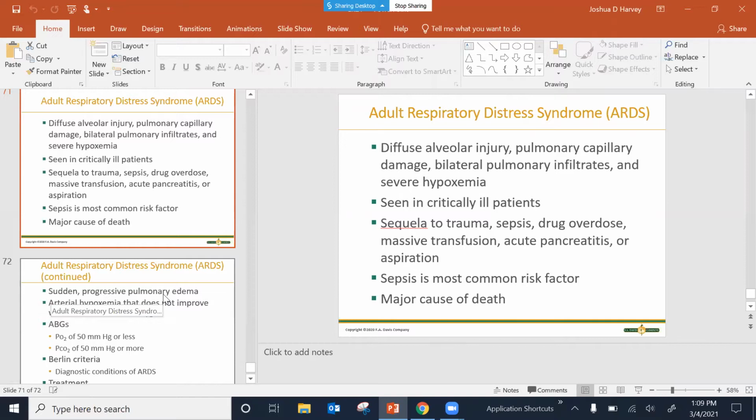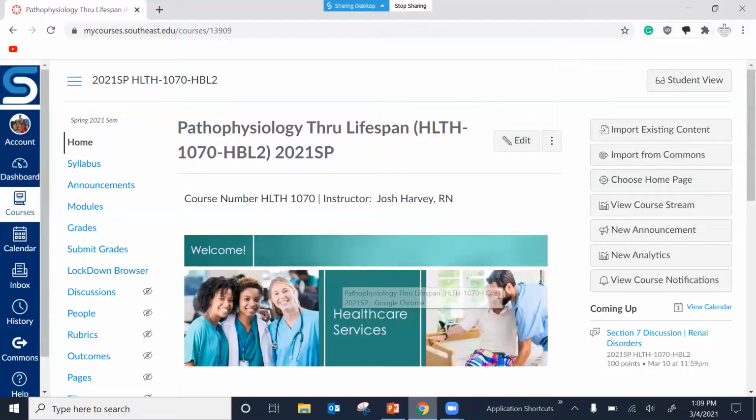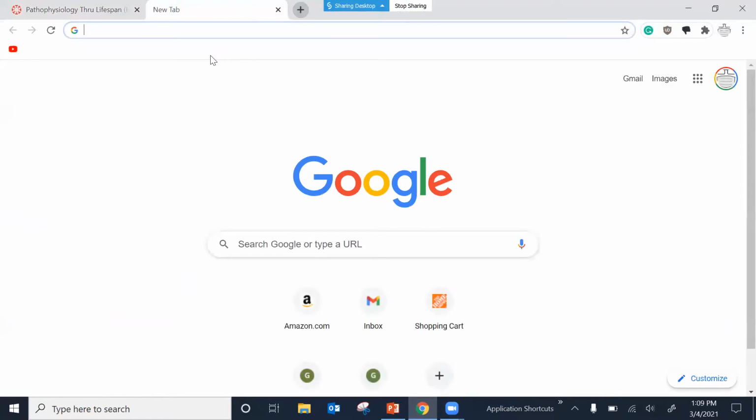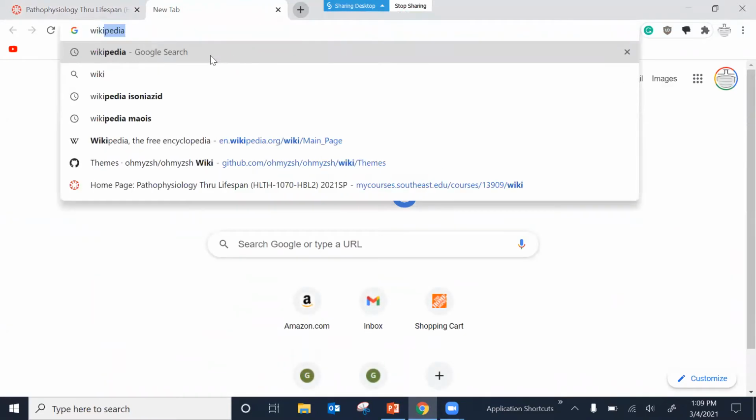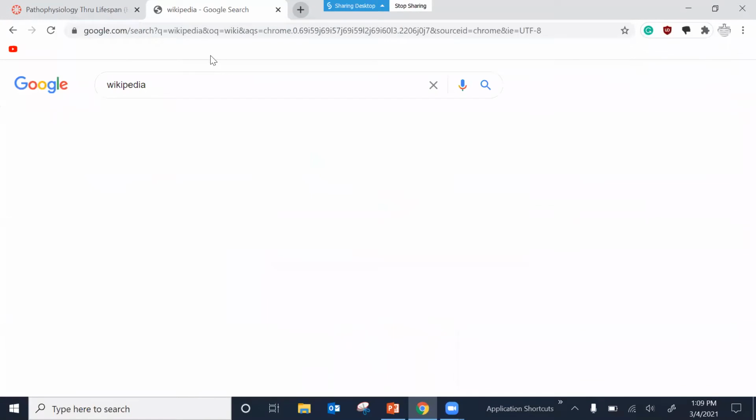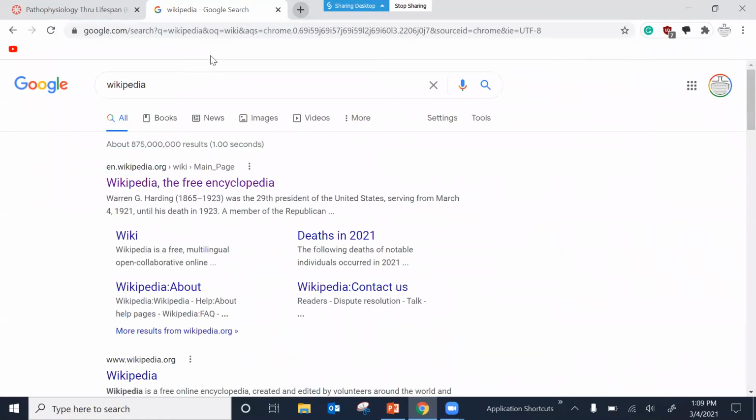Before I dig into the PowerPoint, I want to show you a fun way to study. The way that I like to dig into really complex pathophysiology, it's kind of my secret pleasure in a sense, is I like to go to Wikipedia.